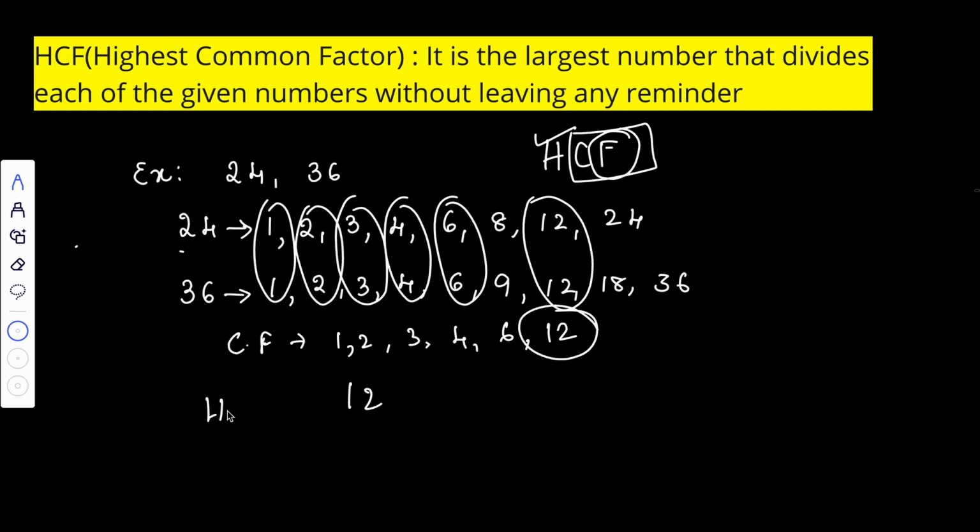So HCF is 12. That means 12 is the largest number from which we can divide 24 as well as 36. Like that we can divide by 2 also, 4 also, both the numbers. But 12 is the largest number from which we can divide both the numbers. So it is the largest number that divides each of the given numbers without leaving any remainder.